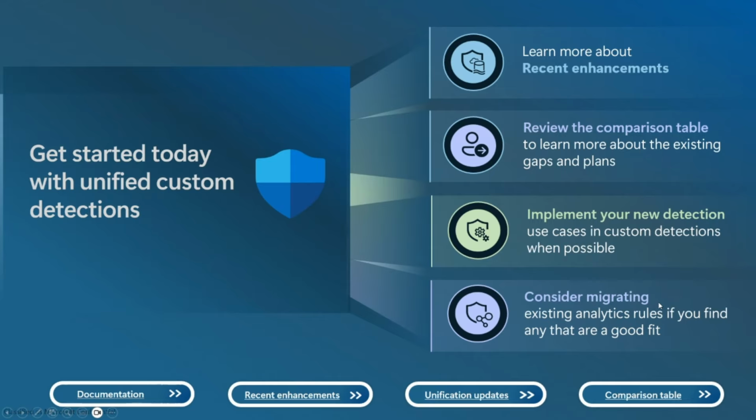And for those of you who have an internal policy of reviewing your analytics rules periodically, either every quarter or every month, when you are reviewing your existing analytics rules, please also consider, when possible, migrating them to custom detection so that you can enjoy the benefits that we mentioned and showcased to you.